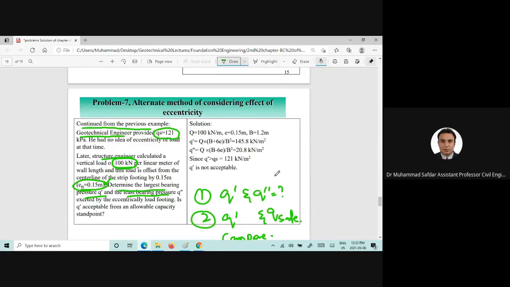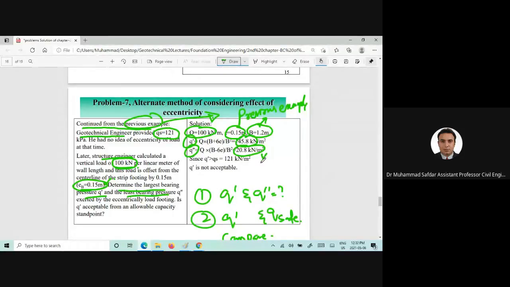It's very simple, and if you remember, Q is given, e is given, and B is given. Now that B we took from the previous example. Okay, and we came up with Q prime equal to 145.8 kilonewton per square meter and Q double prime equal to 20.8 kilonewton per square meter. Now we don't worry about 20.8, which is way less.